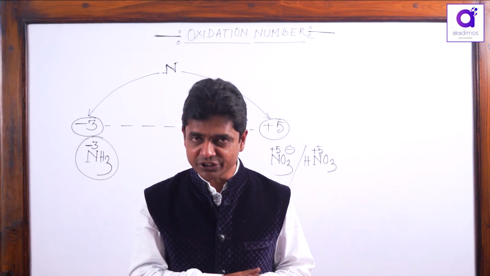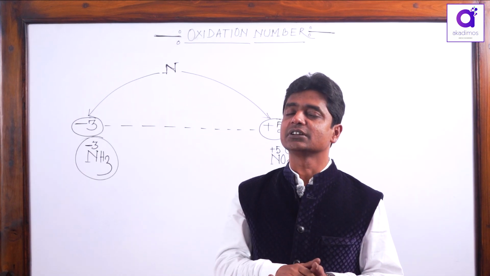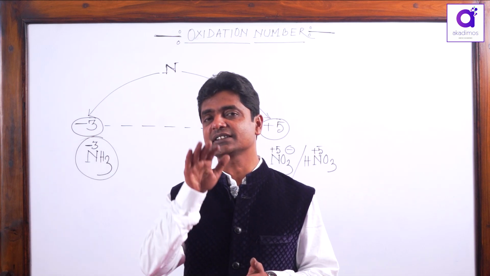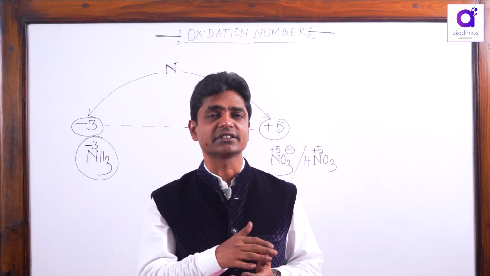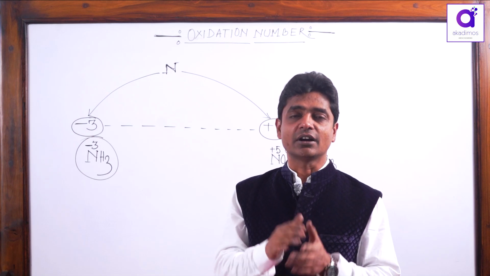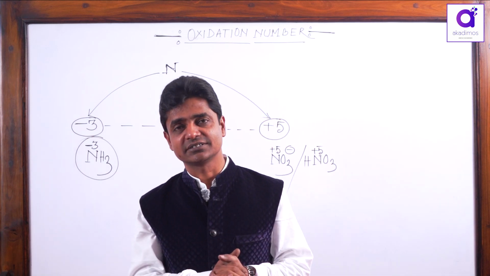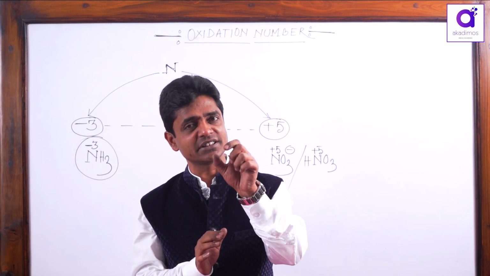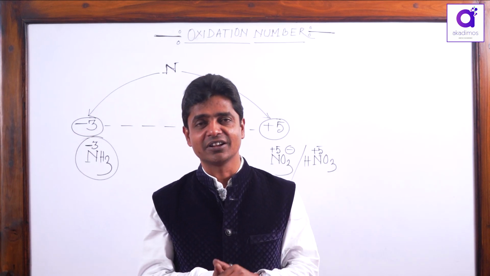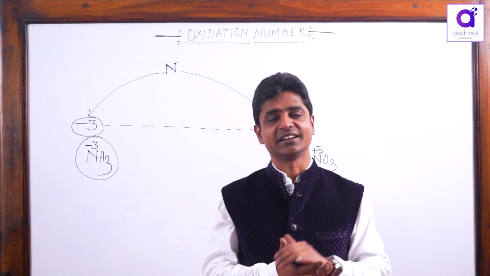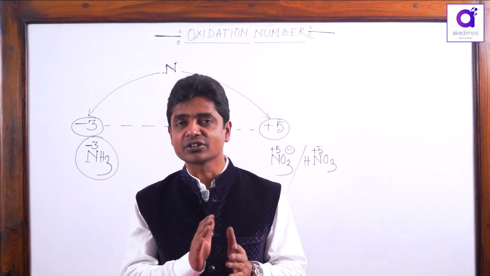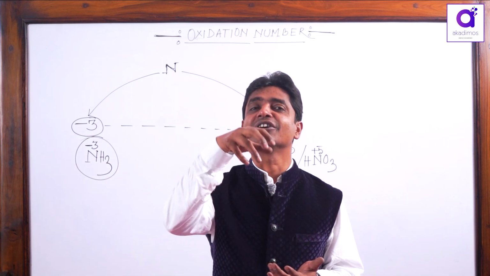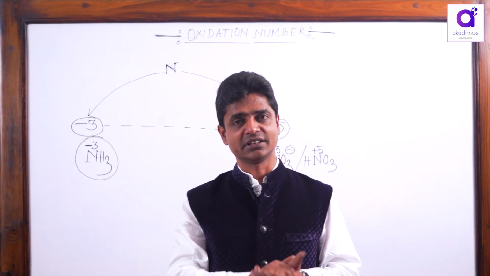That means in ammonia, nitrogen with minus 3 oxidation state is at the minimum. Never can it decrease further. Now in any redox reaction, this minus 3 oxidation number of nitrogen can only increase. That means in any redox reaction, ammonia will oxidize itself.